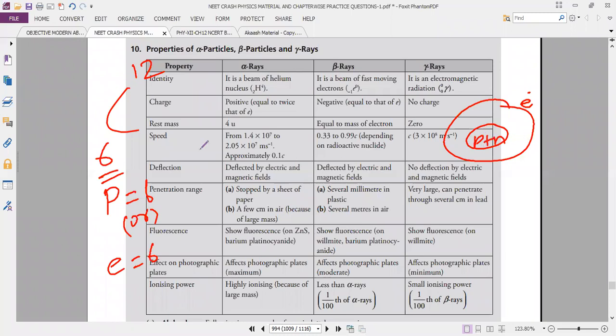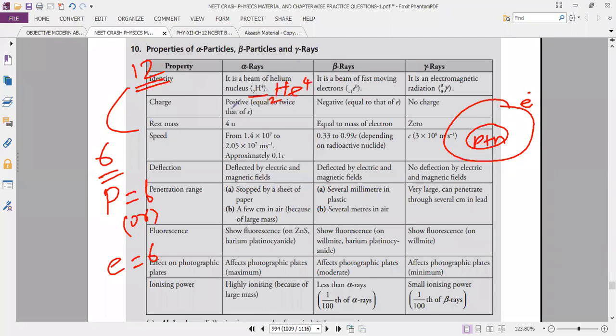Now proton value 6, neutron value also 6. So 6 plus 6 is 12. Finding the mass number: the sum of protons and neutrons is called the mass number. The number of protons or number of electrons is called the atomic number. So helium, He, is 2 and 4. Atomic number 2, mass number 4.